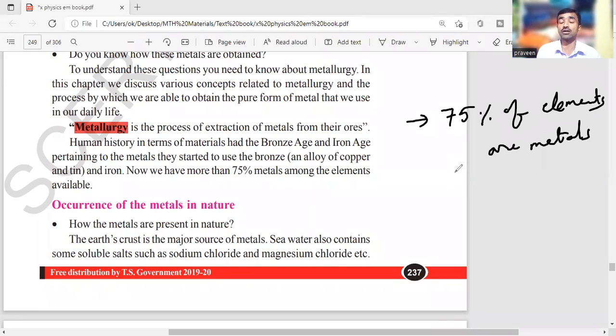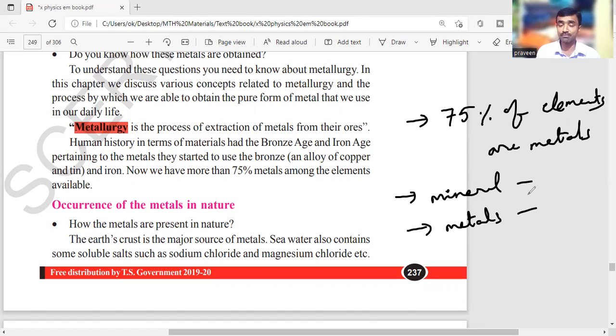Then the remaining are gases, solids, etc. Right? So we give importance to the metals. Some of them we use in the mineral form, some of them we use in the metal form. So we need to understand these two terms first.